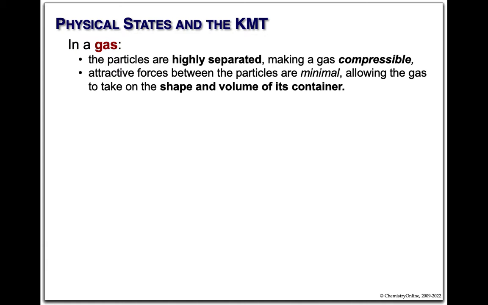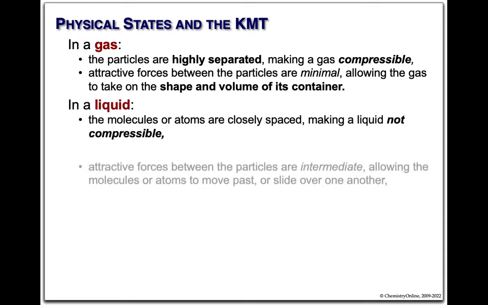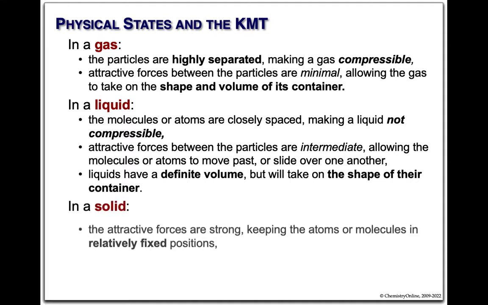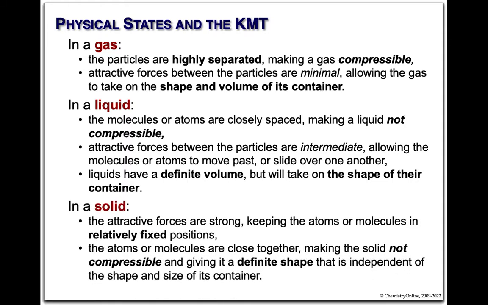We will devote an entire chapter, chapter 9, to the gas phase. In a liquid, molecules are closely spaced, making it not compressible, and it takes on the shape and volume of its container. And finally, a solid sits in one spot, basically shakes, and defines its shape. It is not compressible either.